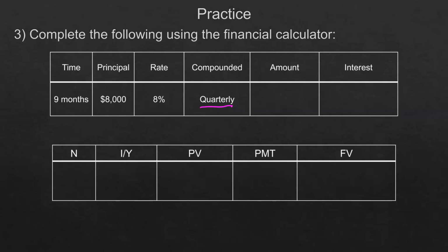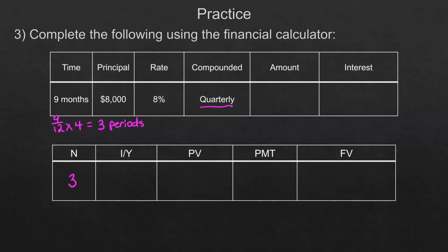So you could look at that and say, okay, 9 divided by 3 months would be 3 periods. You could also take 9 out of 12 times 4, since it's quarterly. That gives us 3 periods. So however you want to think through that is fine, but it's going to be 3 periods.